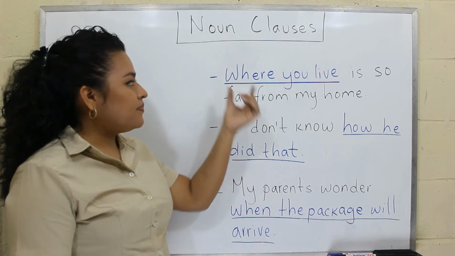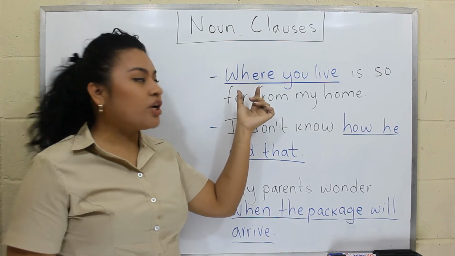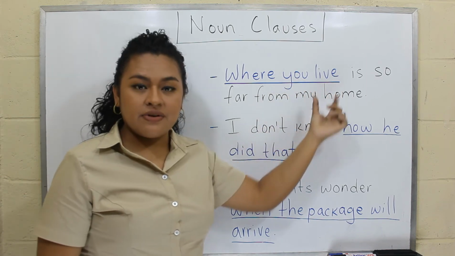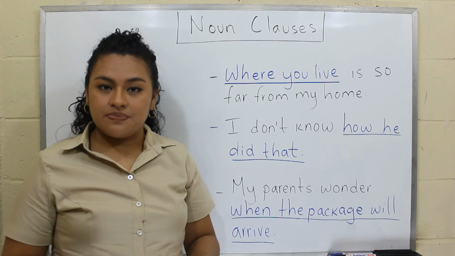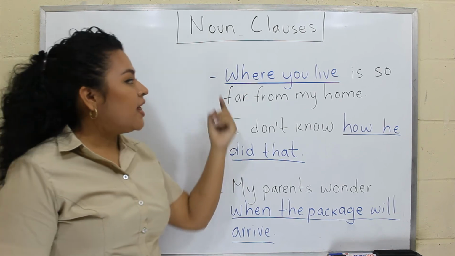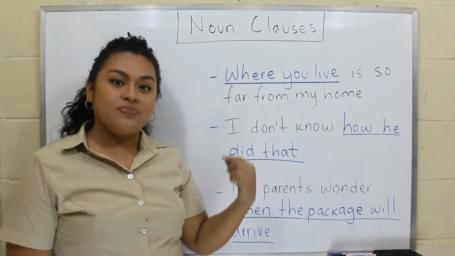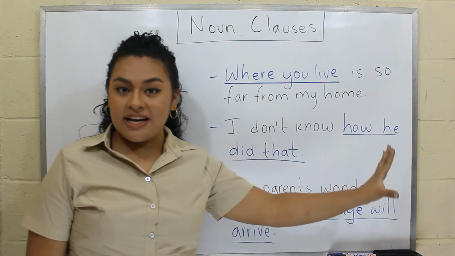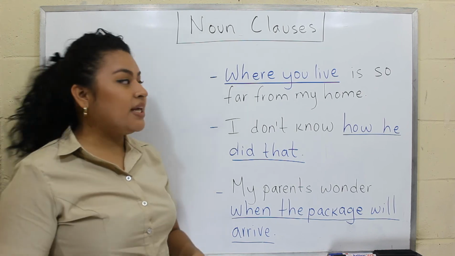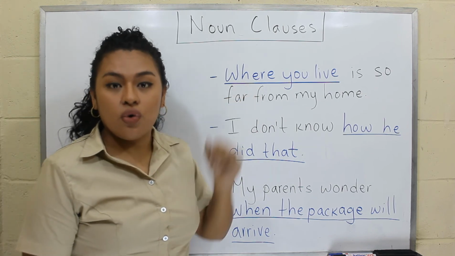That is to say, first the introductory word, then the subject, and finally the verb. It is not a question. In a question we use first the introductory word, then the auxiliary, then the subject, and finally the main verb. It is not in this way. We use it in sentence word order.